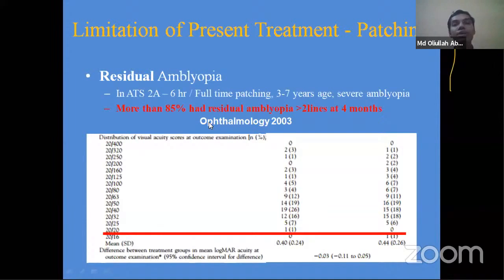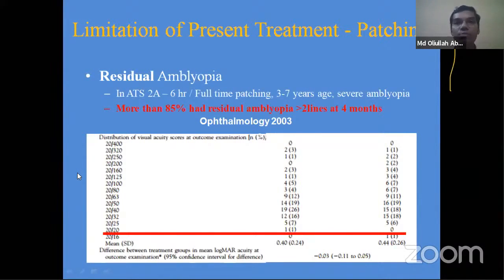So the maximum you are attaining is probably 0.2 logMAR visual acuity, which is quite significant. That 80% will be left with this residual amblyopia. So that's the saturation level.